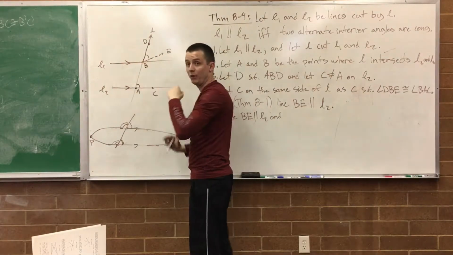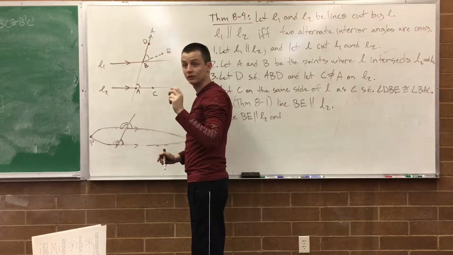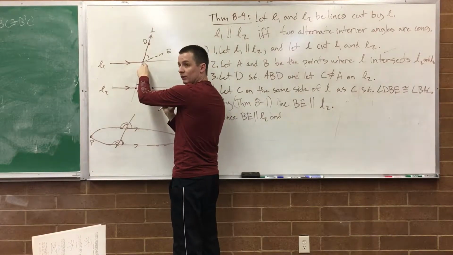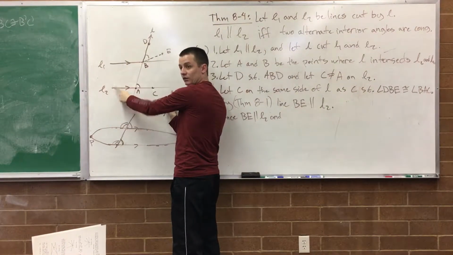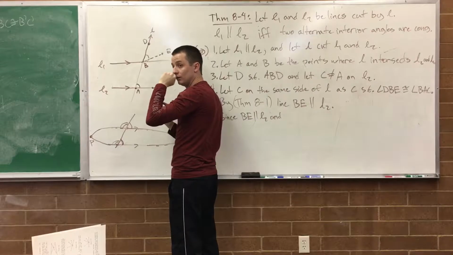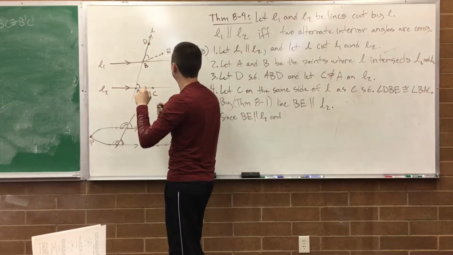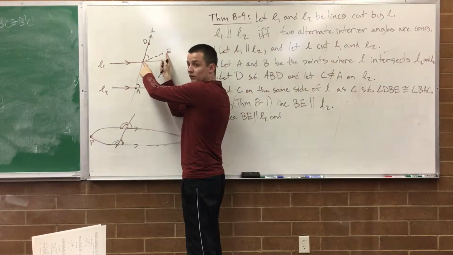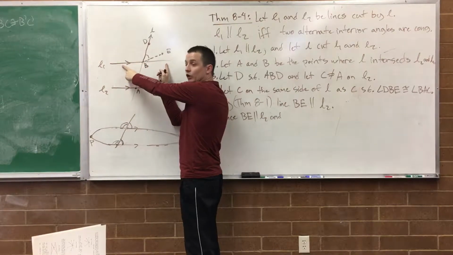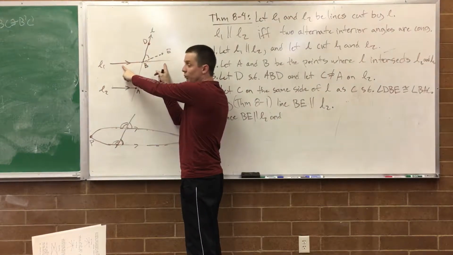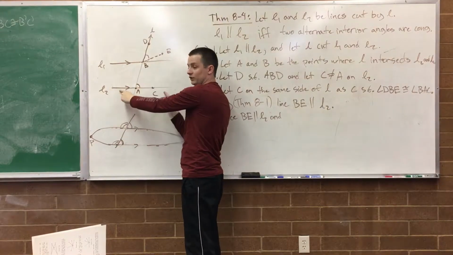Therefore, they're really the same line. There is only one line through this point parallel to this line. There's only one. Postulate E5. So that means that this line and this line really have to be the same line, because there's only one line that goes from point B parallel to this line.